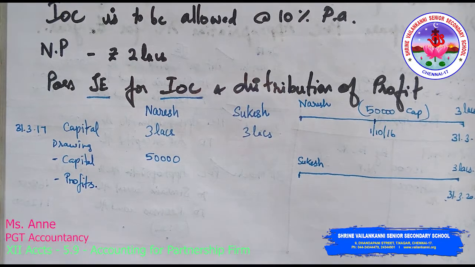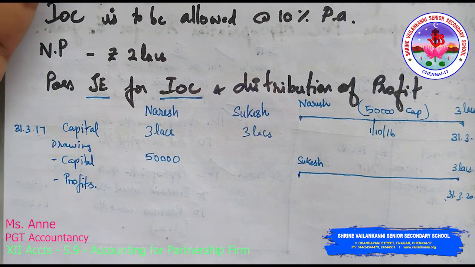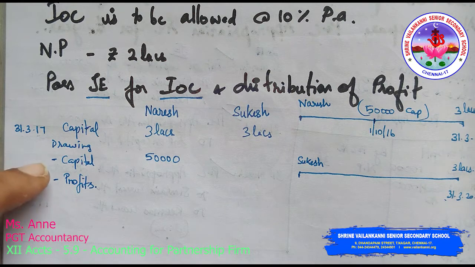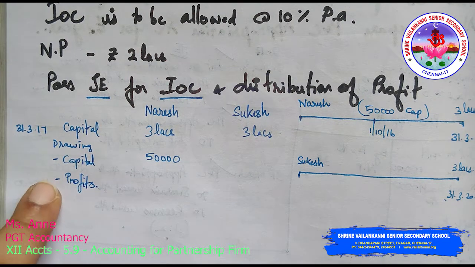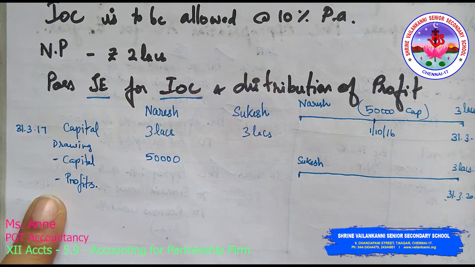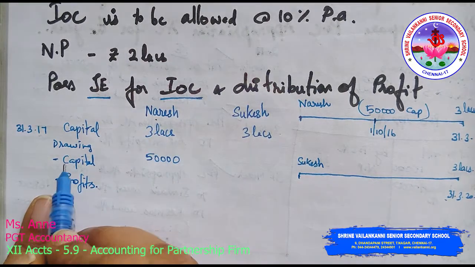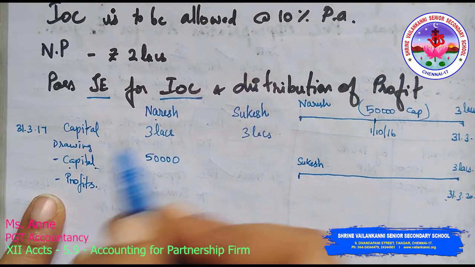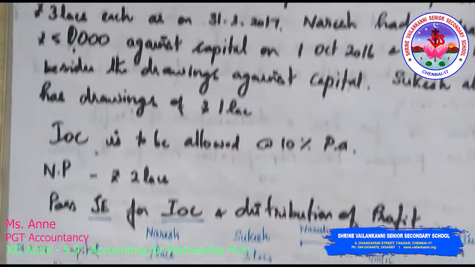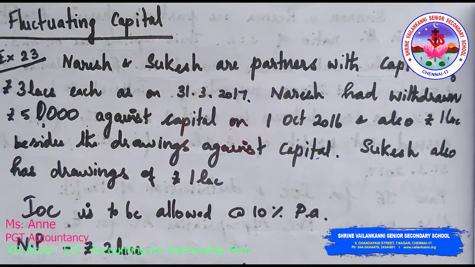As we all know, a partner can withdraw either from capital or from profits or from both. What Naresh has done, he has withdrawn from capital as well as profit. If you read this sentence clearly, you will be able to understand.